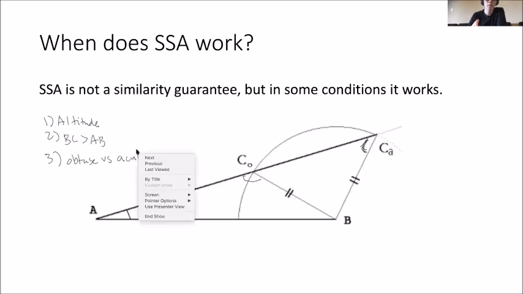So many problem descriptions have a condition like triangle ABC is acute or triangle ABC is obtuse with the obtuse angle at B. If you're given a condition like that, then SSA becomes a possibility because you're limiting SSA down to one of the two. That's when SSA works, but don't tell your teacher, oh, I heard SSA works, because it doesn't always work. So you have to be very careful with it.